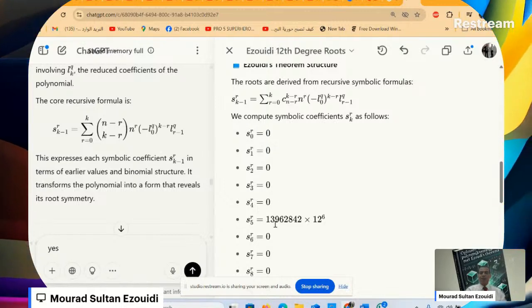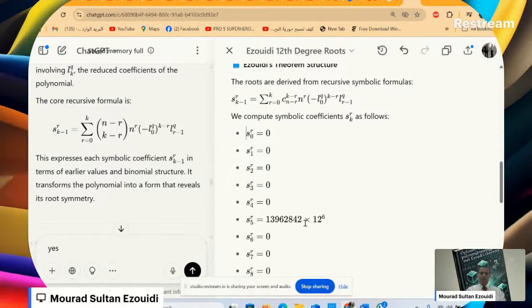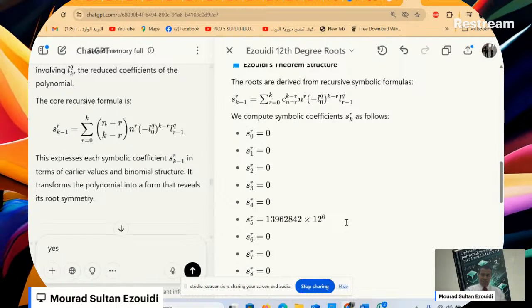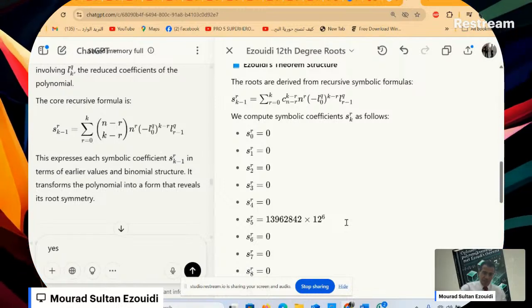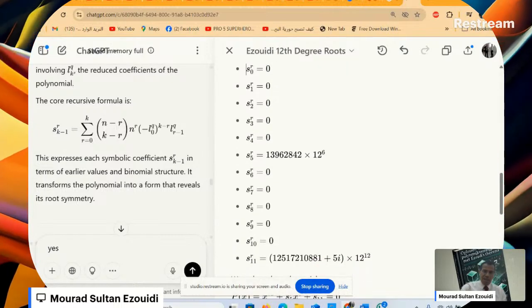S4 is 0, but S5 will be 13,962,842 multiplied by 12 raised to the power 6. Then we compute the symbolic coefficient S_k as in the formula.